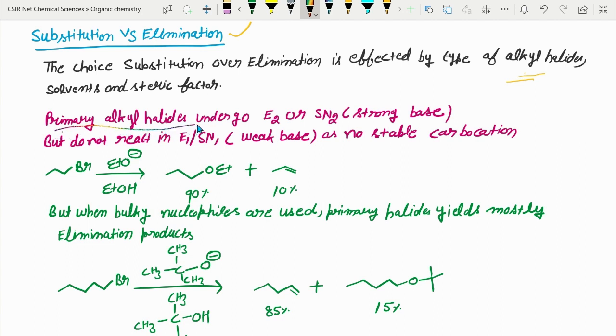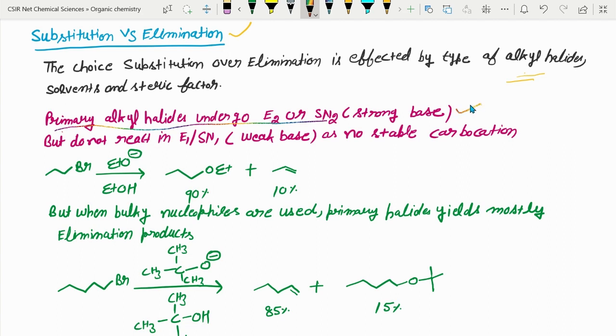Primary alkyl halides undergo E2 elimination or SN2 reactions in the presence of a strong base.